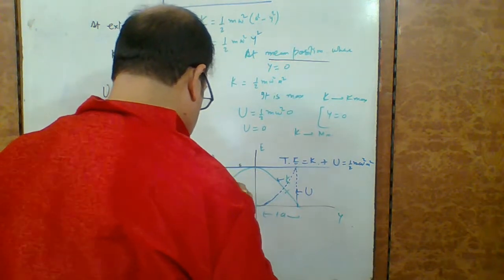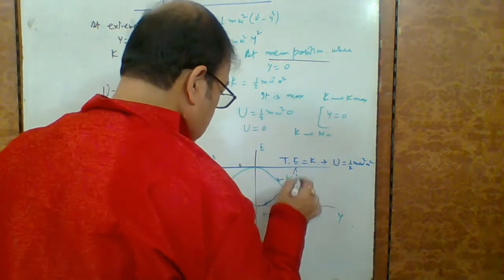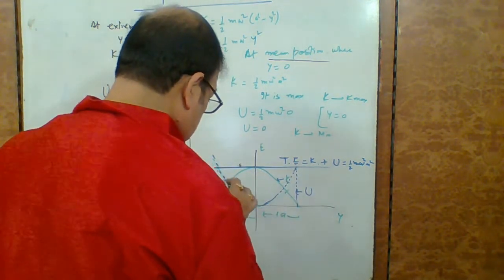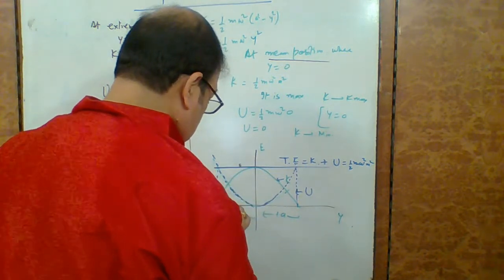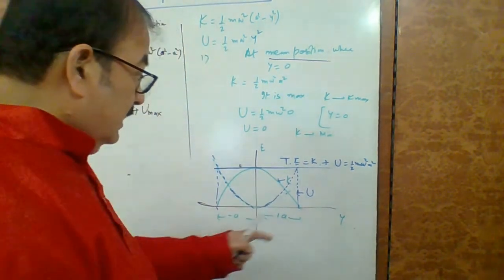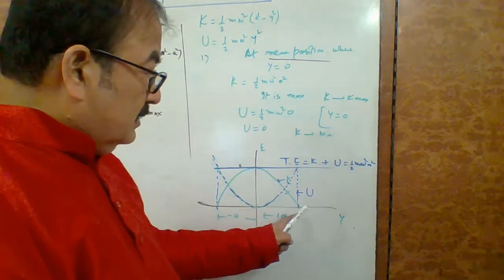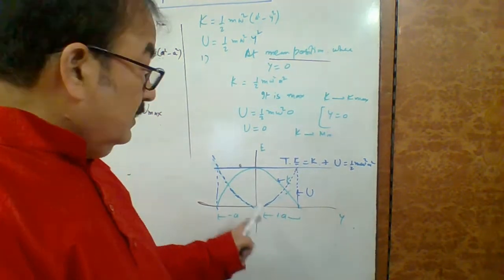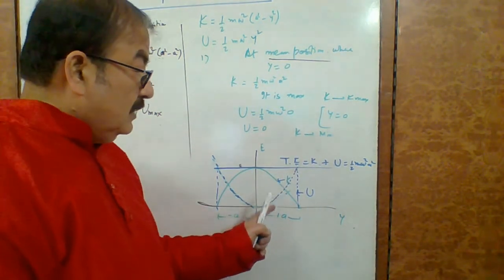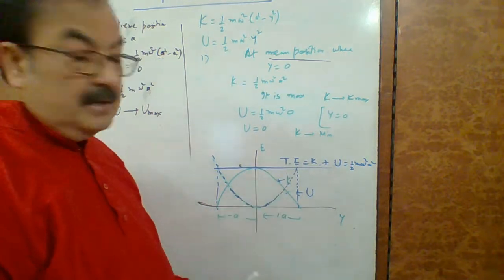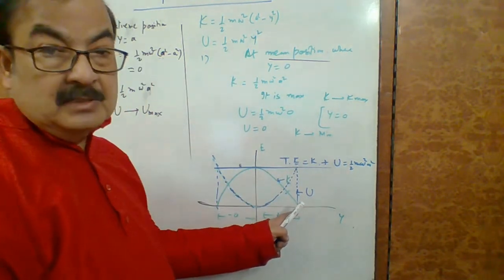It is almost the same. You can just see that at the extreme point, y equal to a, your potential energy is definitely maximum and kinetic energy is minimum, it is 0.